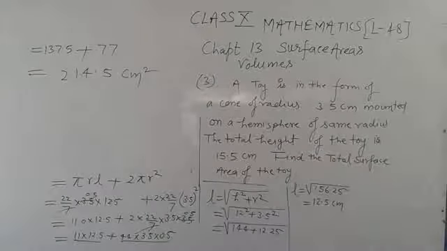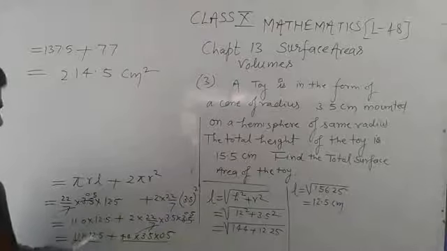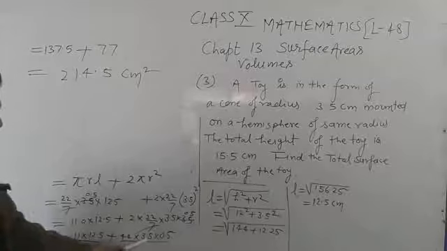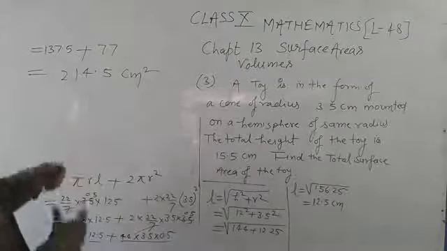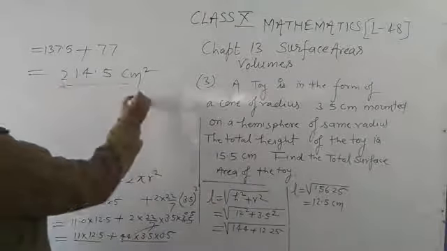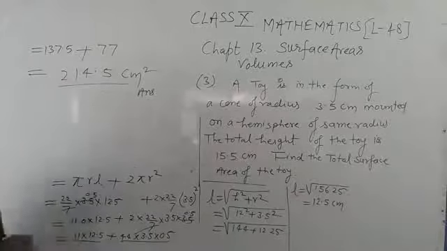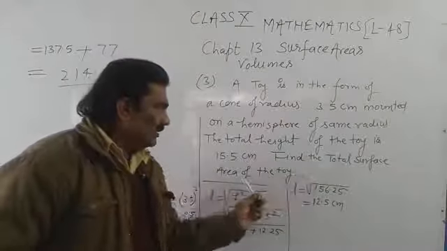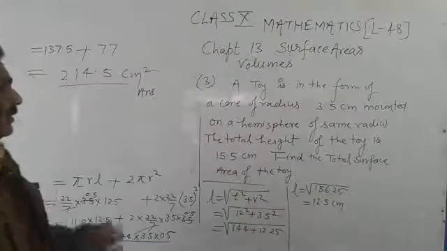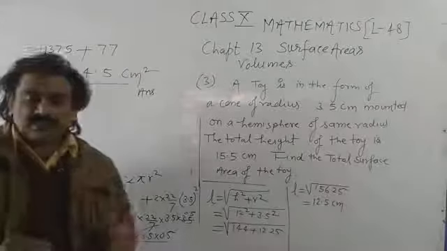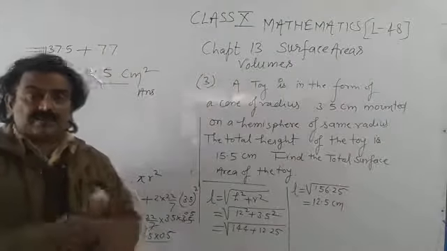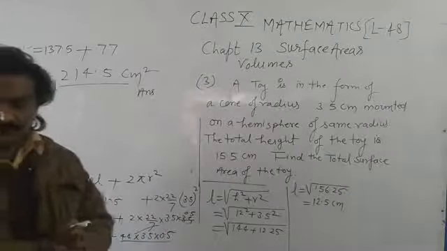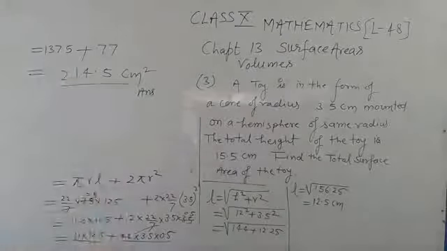So now students, from here if we multiply 11 into 12.5 we get 137.5, and 44 into 3.5 into 0.5 we get 77, and after adding we get this is the answer, 214.5 centimeter square is the total surface area of the toy. तो I hope students कि you have got it, आपके समझ में आ चुका होगा. With the help of these two questions, I do hope that you will solve some more questions. Okay, so write down this.